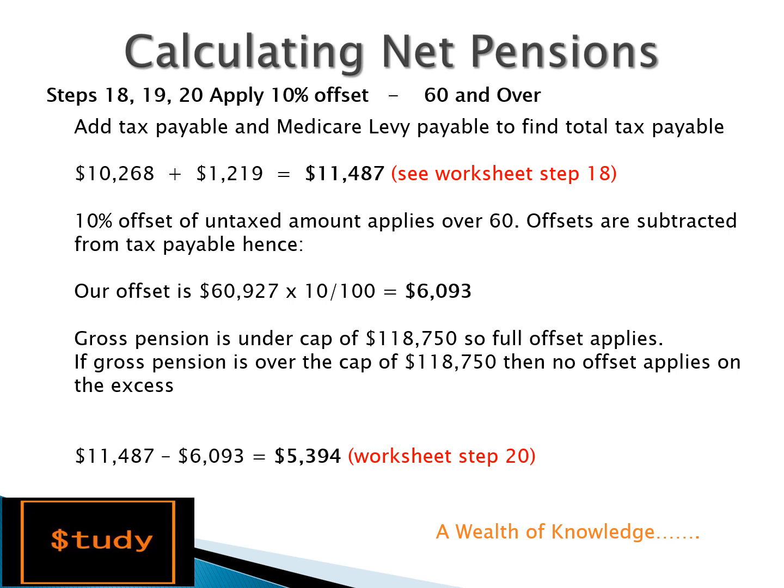But we've got a 10% tax offset to apply. So we've done step 18, where we've added our tax and Medicare together to give us the $11,487. But now we've got to apply this 10% tax offset. Now the offset only applies for people over 60.